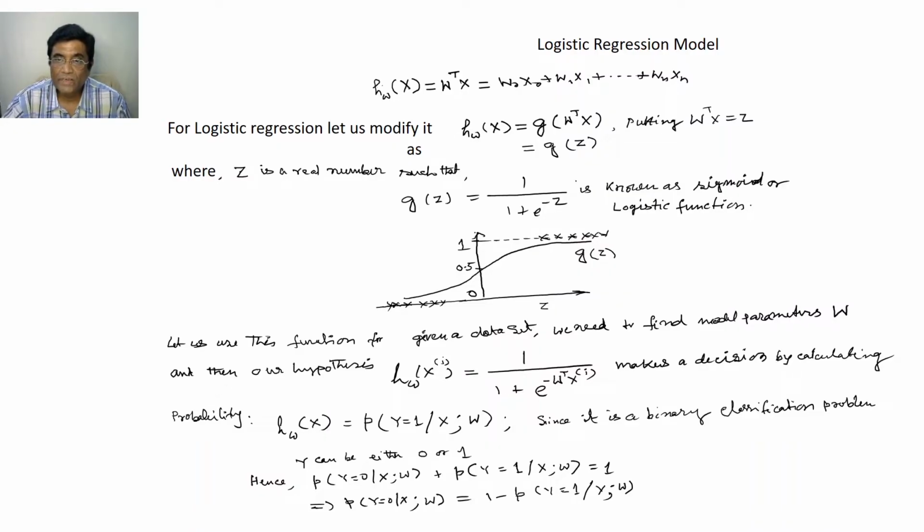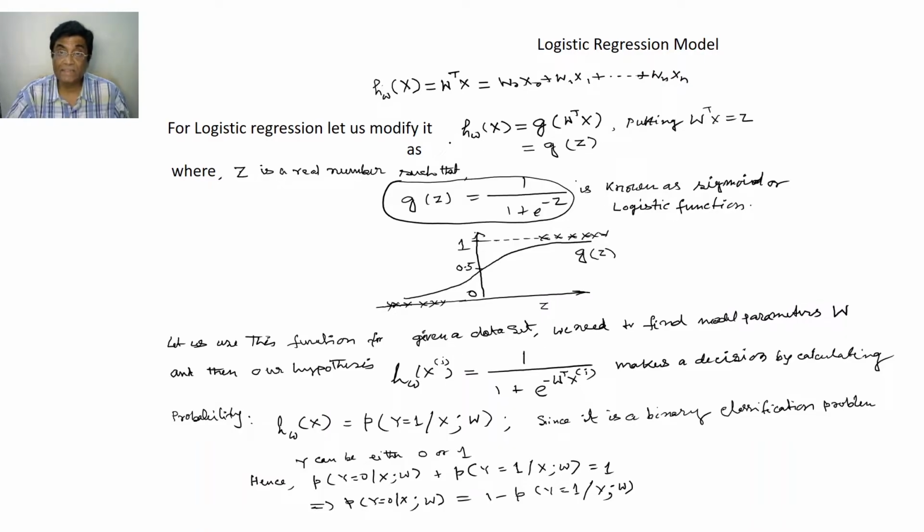So we are making this hypothesis a function of z, or w transpose x, such that g of z equals 1 by 1 plus e to the power minus z. So this is the sigmoid function, which we have used for restricting this hypothesis.